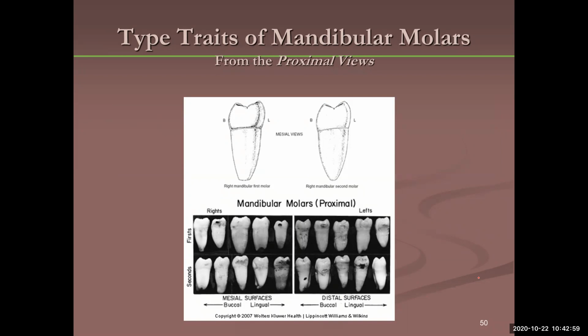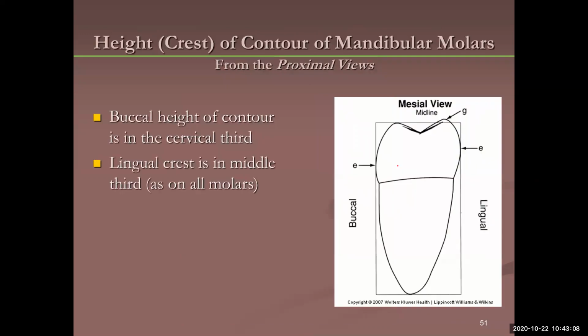Mesials are usually taller than the distal, so we oftentimes don't see the distal from the mesial view because they're wider and taller. The buccal height of contour is in the cervical third. The lingual height of contour is in the middle third.